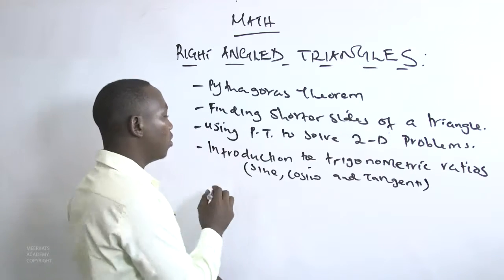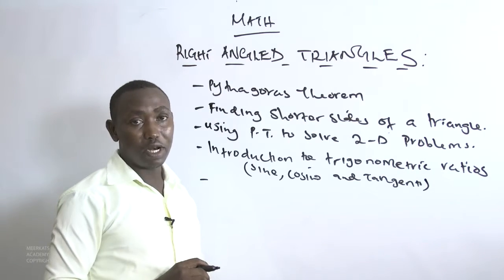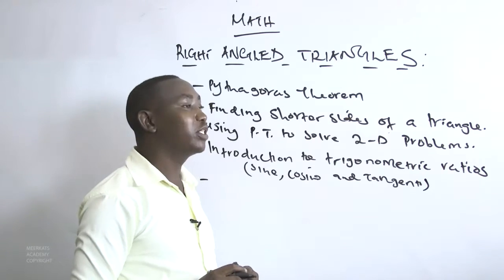Next, we are going to look at how we can use the trigonometric ratios to find unknown sides of a triangle.